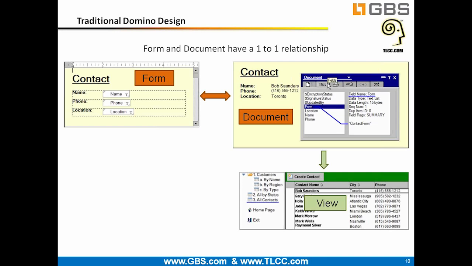The documents are then viewed with our views. That's a way to get a row and column format to look at our various documents, and then to be able to open one up and view that information in the document, again using that form design. So our forms and views are very much tied into our documents.